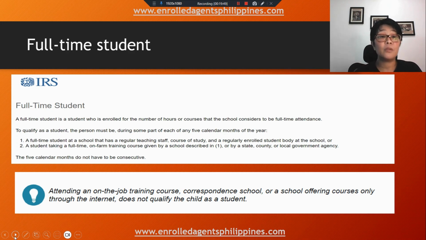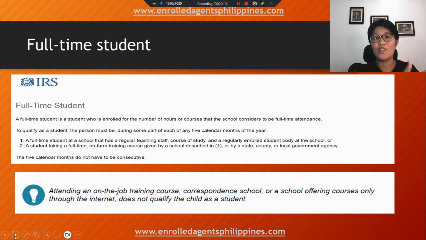A full-time student at a school that has a regular teaching staff, course of study and regularly enrolled student body, or a student taking a full-time on-farm training course given by a school described in number 1 or by a state, county, or local government agency. The 5 calendar months do not have to be consecutive. Basta, kumbaga, full-time load ka.